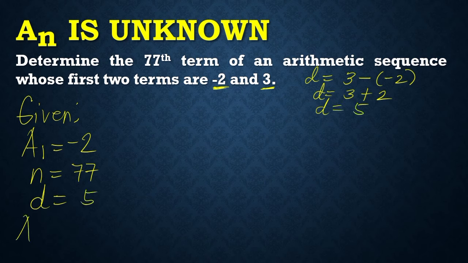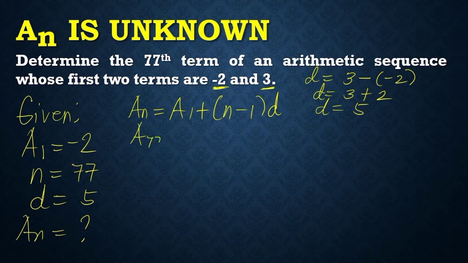And then, A sub N is what is missing. So, applying the formula, A sub N is equal to A sub 1 plus the quantity of N minus 1 times D. A sub 77 is equal to the first term, negative 2, plus 77 minus 1 times the common difference, 5.